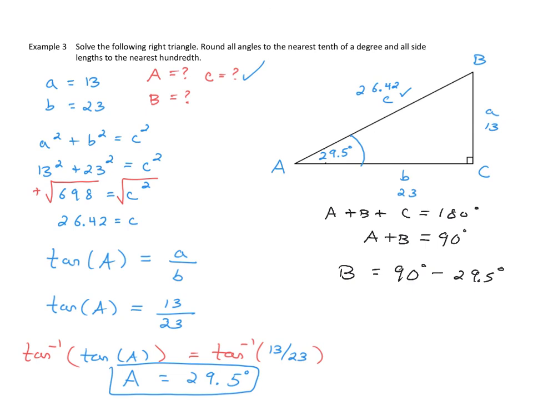So 90 minus 29.5 is 60.5. And that is the measure of angle B. But here we've done it. We found the remaining side and the two other angles. So that means we have, in fact, solved this right triangle.